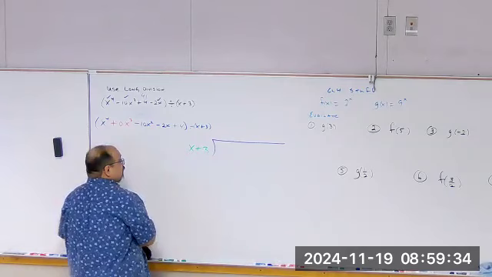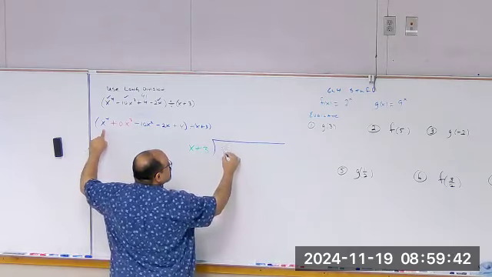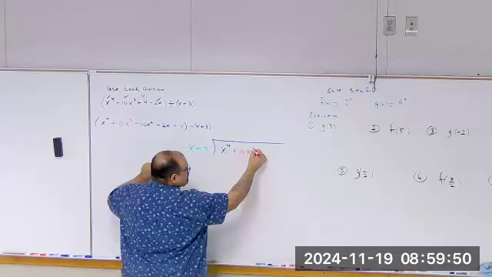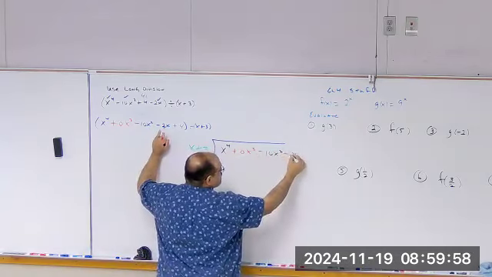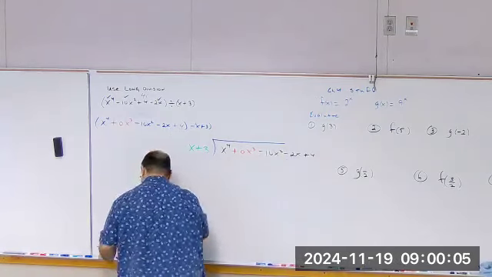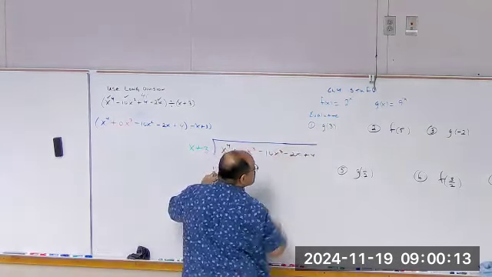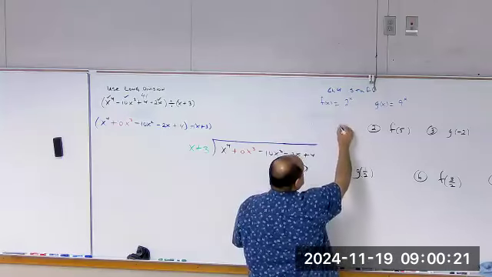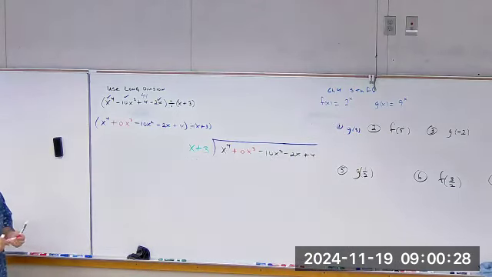And the dividend goes right here underneath. x to the 4th plus 0x to the 3rd, and then minus 10x squared, minus 2x, plus 4. Long division.